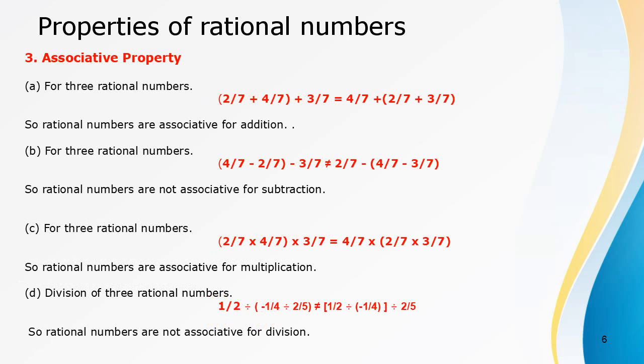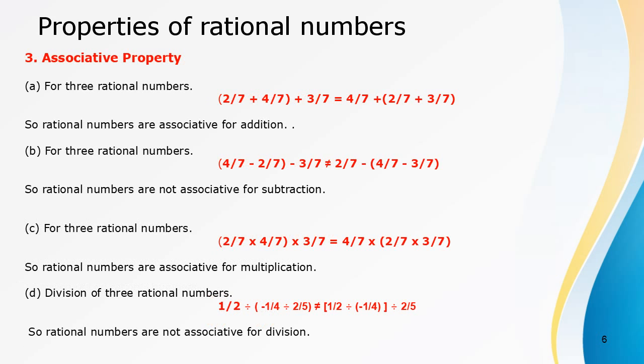Now let us see the associative property. For three rational numbers 2 upon 7, 4 upon 7 and 3 upon 7, we can first add 2 upon 7 and 4 upon 7, and then add 3 upon 7. We will get the same result as when we first add 2 upon 7 plus 3 upon 7, and add the result to 4 upon 7.